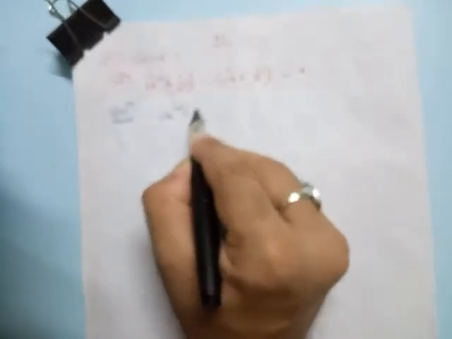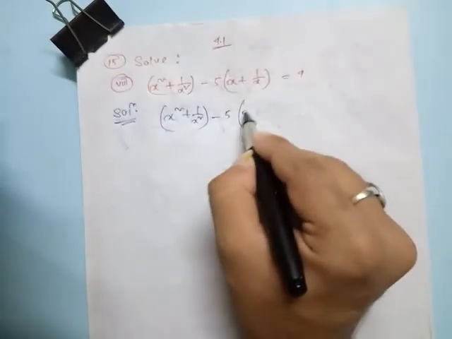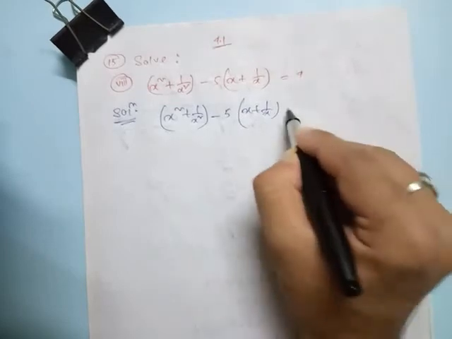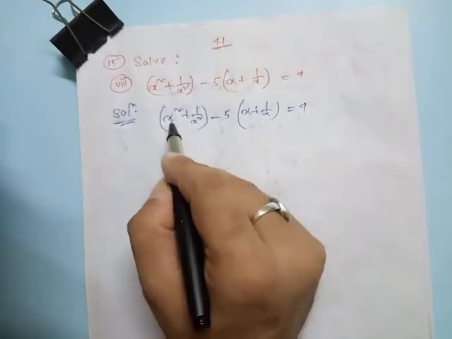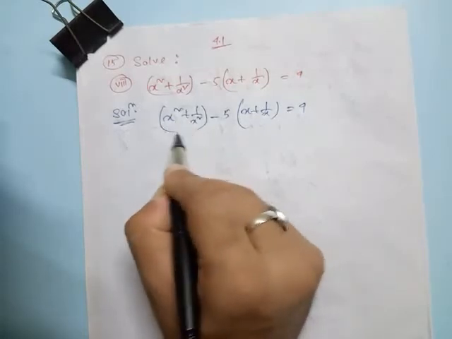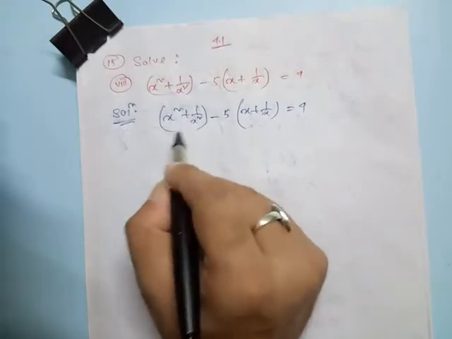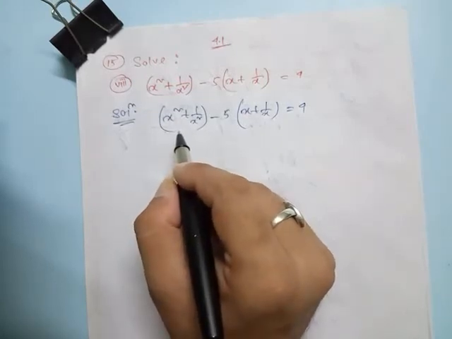x square plus 1 by x square minus 5 times x plus 1 by x equal to 4. After that, student, now look, here I can use the formula a square plus b square.